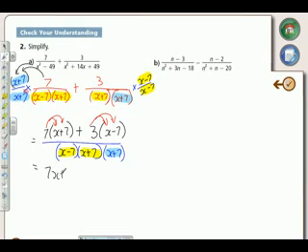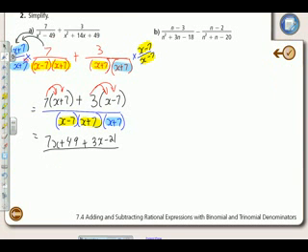Equals 7x plus 49 plus 3x minus 21 over all 3 of those for a denominator. x minus 7, x plus 7, x plus 7.